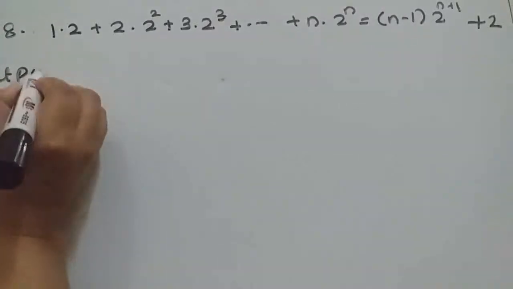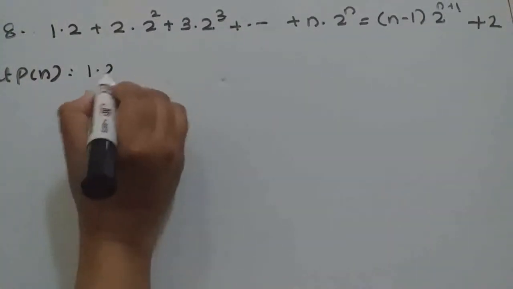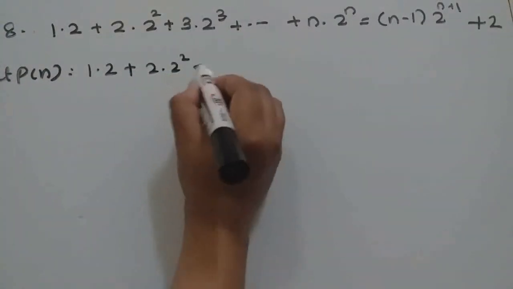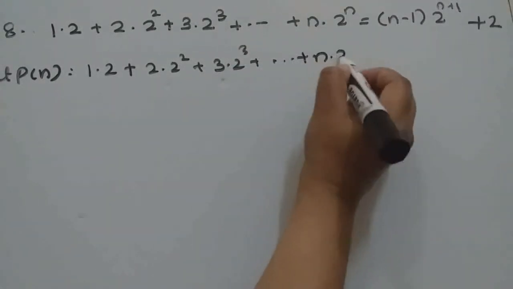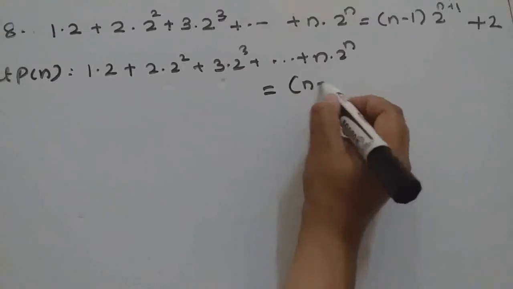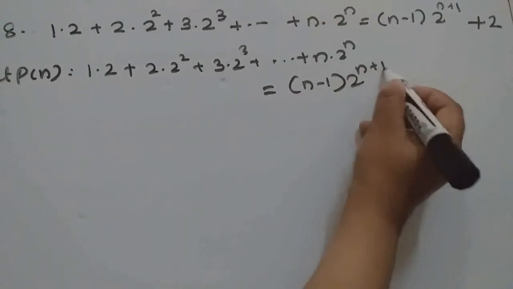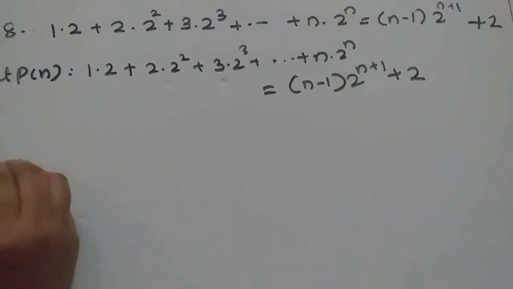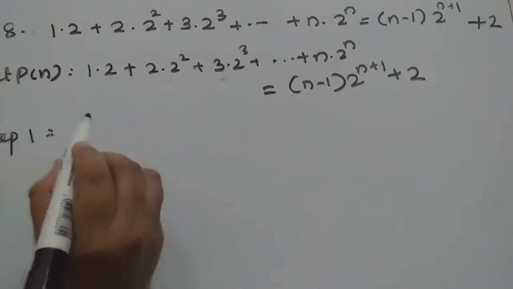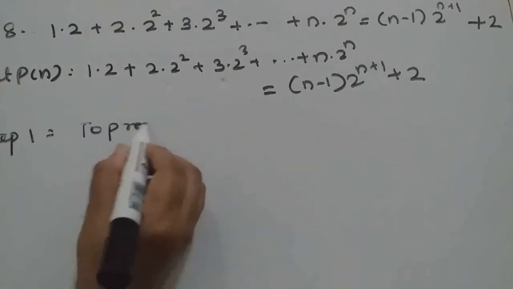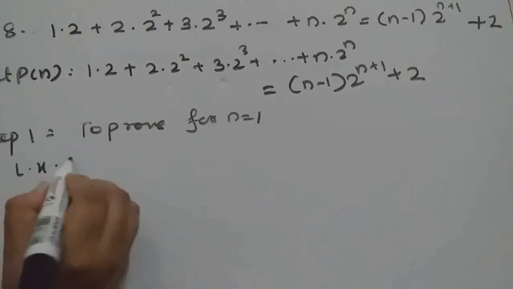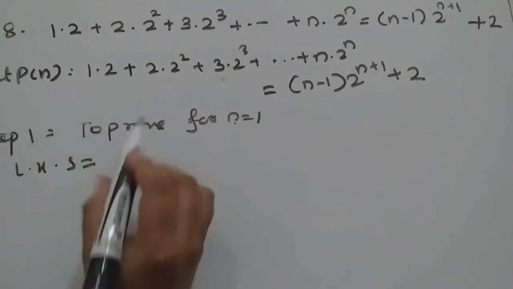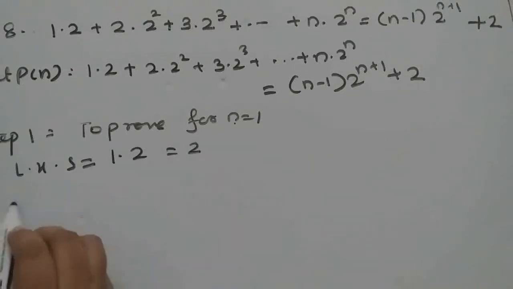Let P of n be the statement 1 into 2, 2 into 2 square, 3 into 2 cube, plus n into 2 power n equals n minus 1, 2 power n plus 1, plus 2. Step 1. What is step 1? To prove for n equal to 1. So left hand side means n equal to 1, first term, that is 2 only.